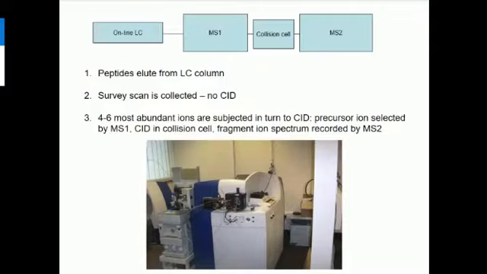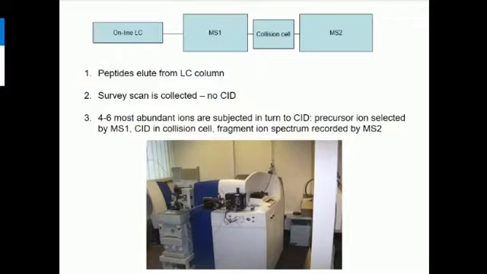And the first stage is to collect what's known as a survey scan. And that tells us what peptides are coming off the column at that time. That's like a peptide mass fingerprint, but it's at a particular retention time from the LC column. Okay, so that gives us the masses of the intact peptides.